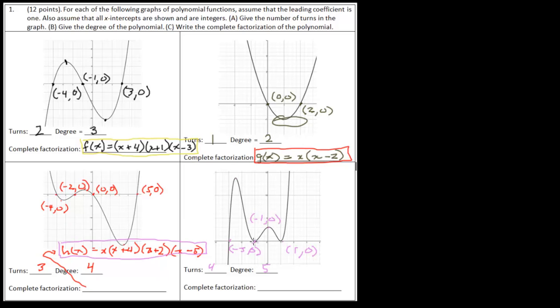Now these two intercepts just touch; they're tangent to the x-axis. That's a special case. Just know that it indicates at least a double root. It's actually an even root.